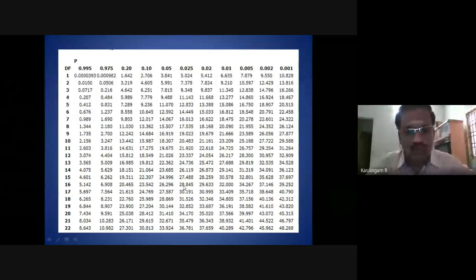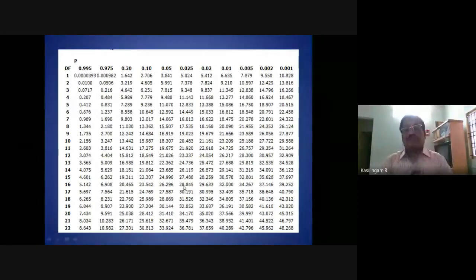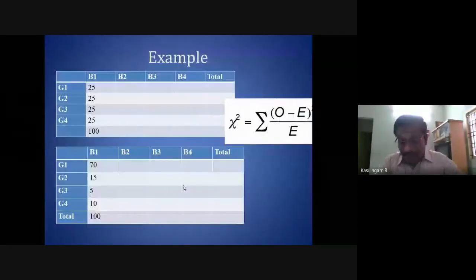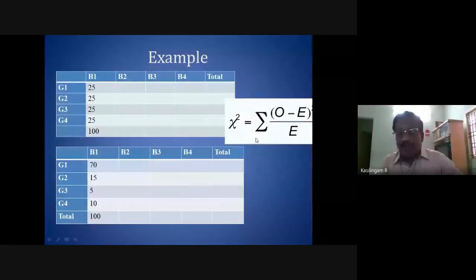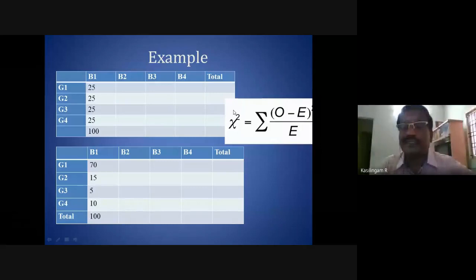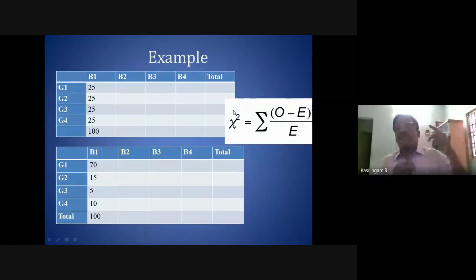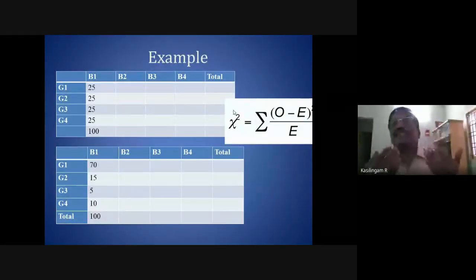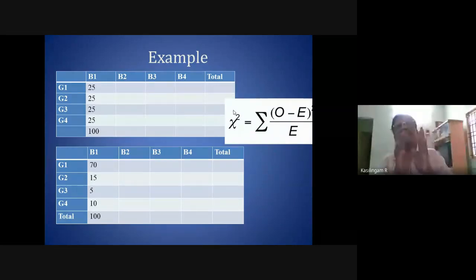This one you should probably have understood. Now let me go to the formula. When my chi-square value increases beyond 26, if it is 30, then my significance value will be less than 0.05.